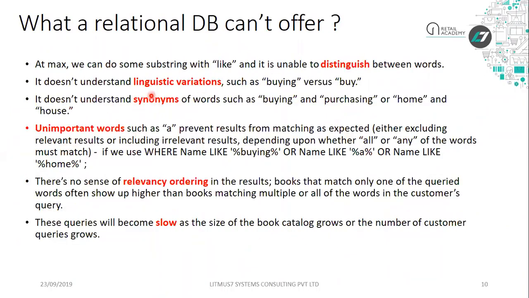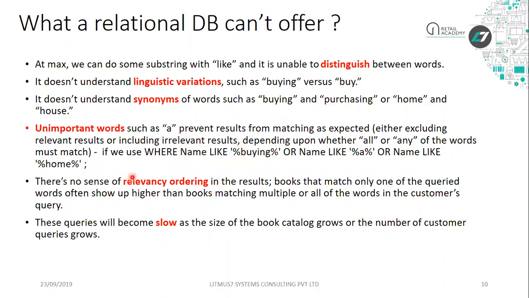And the point is, with a relational database, it's not possible to fetch the documents having the synonyms. And as we can see, unimportant words like a are just considered in these scenarios, and that results in wrong results retrieved from the available set of documents.